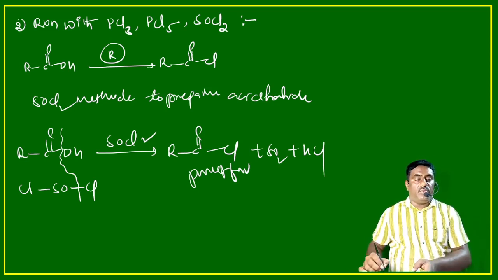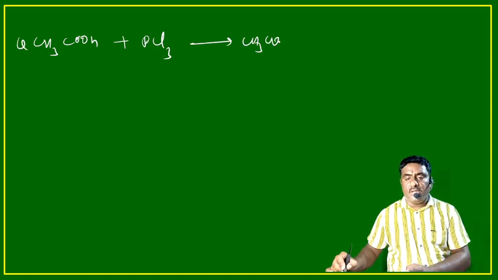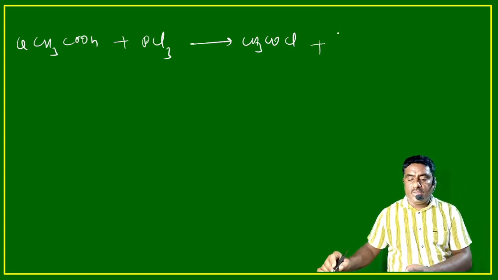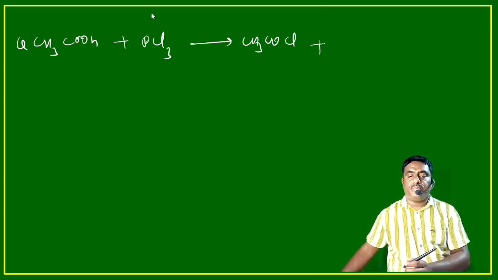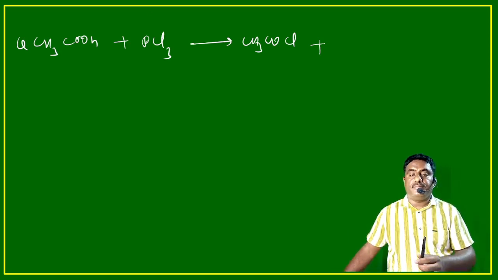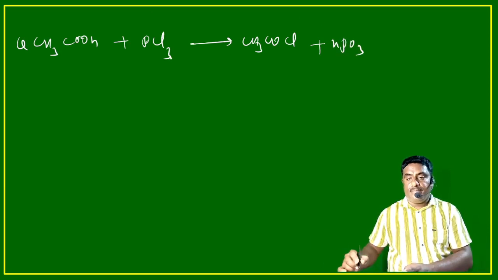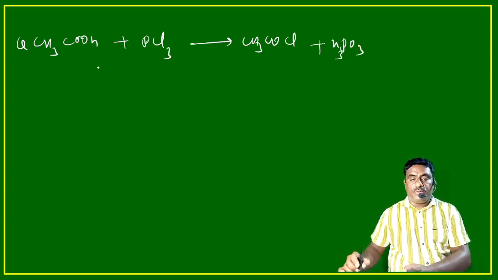Have a look at the reaction. For example, CH3COOH in presence of phosphorus trichloride. What forms? Acyl chloride is formed, CH3COCl, along with H3PO3.